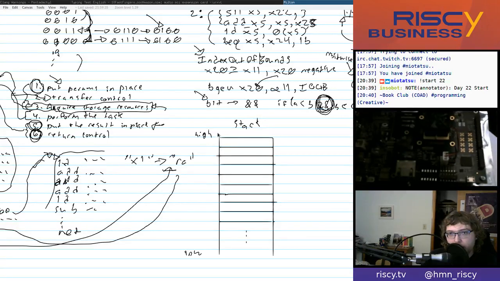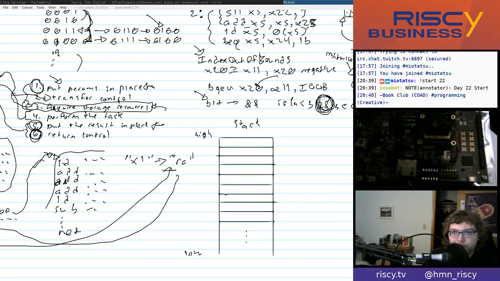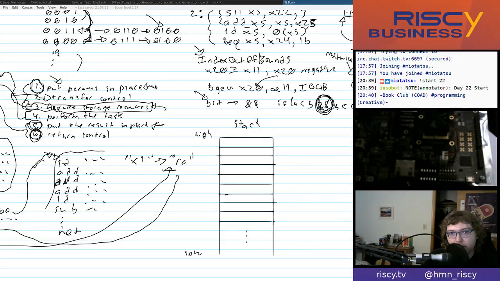And essentially what happens is when you are putting parameters in place, if you run out of registers to use, or you have something that isn't really going to be able to be used in one of the registers, well, where else are you going to put parameters for your program?